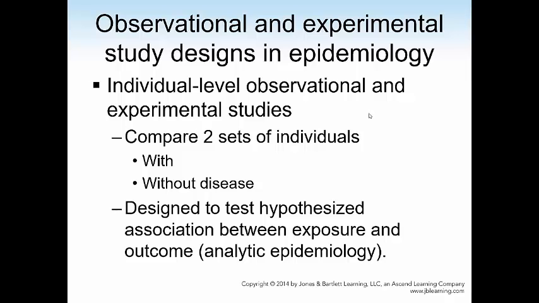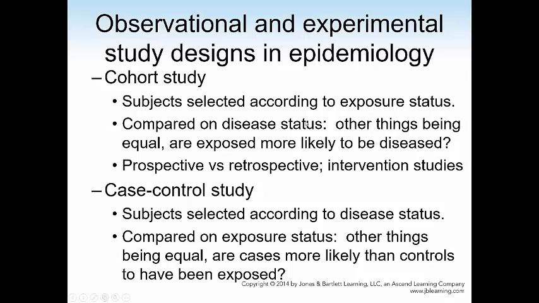So one with exposure, one without exposure. So this allows you to have some comparisons. And again, this is what I'm more familiar with. This is designed to test hypothesized associations between exposure and outcome. So this is, again, all part of analytical epidemiology.